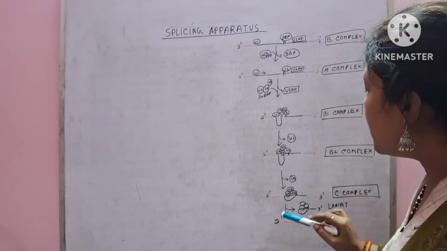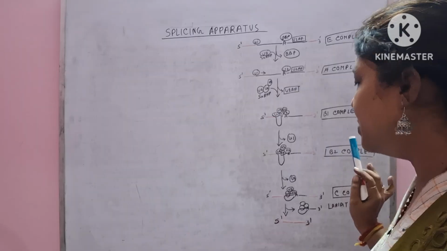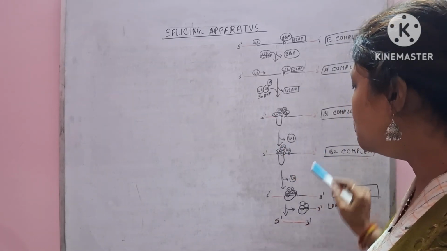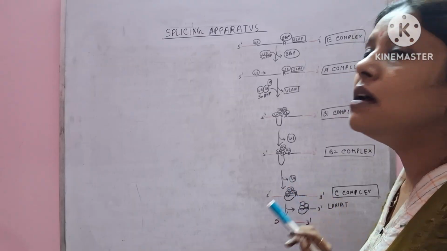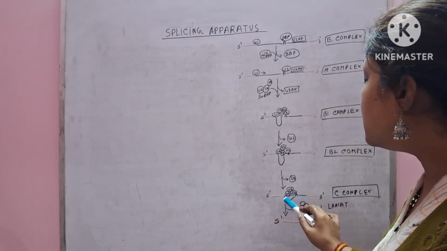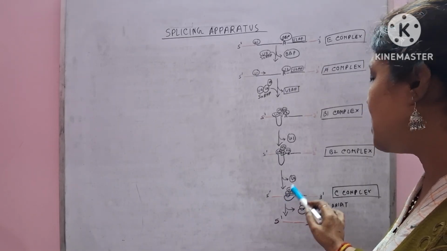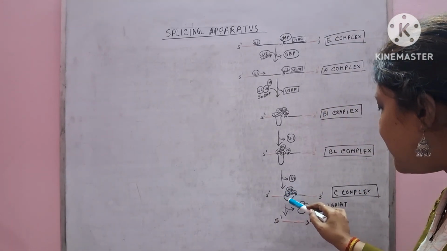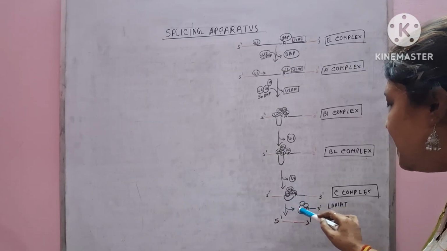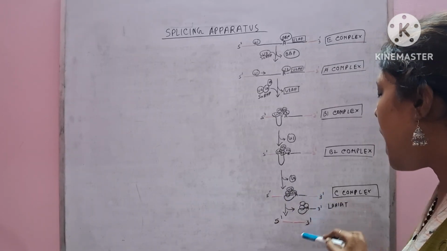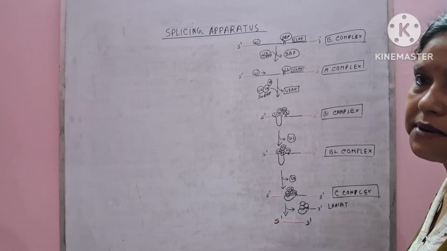And in the next step, U4 is also released, so only U6, U5 and U2 remain bound there. Here you can see a lariat structure is formed, and in the next step this lariat structure is released, and these exons are bound with each other.